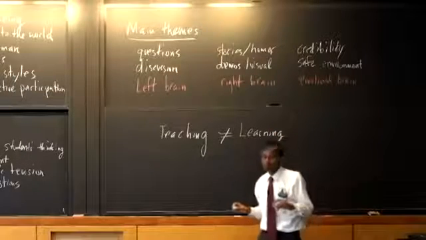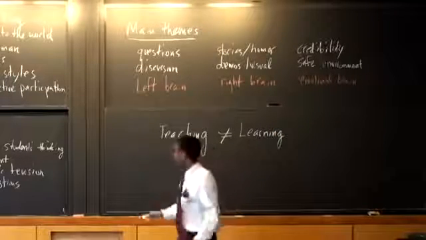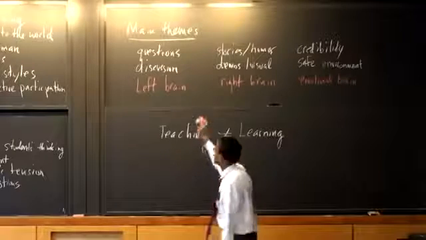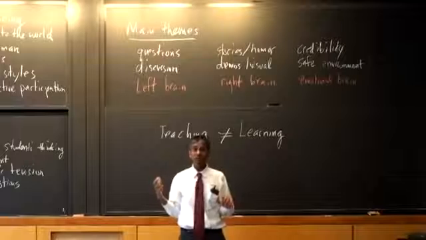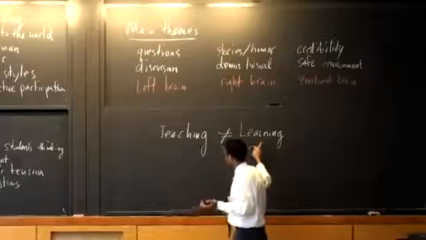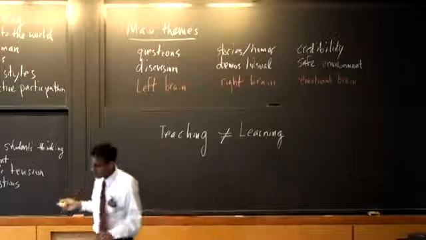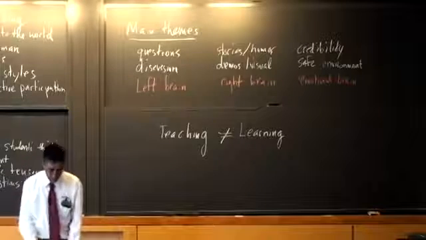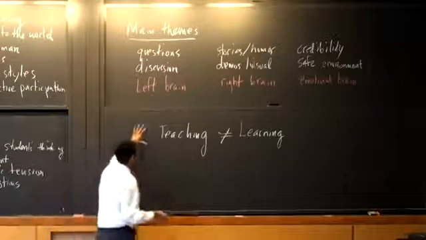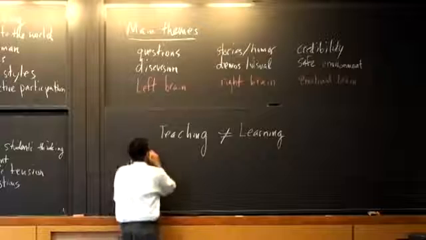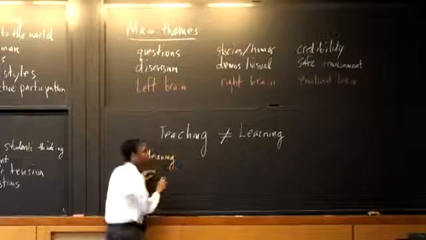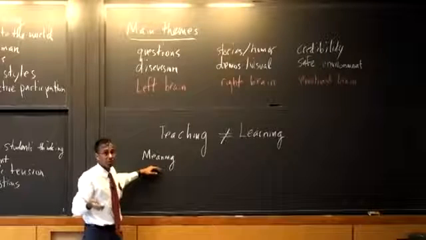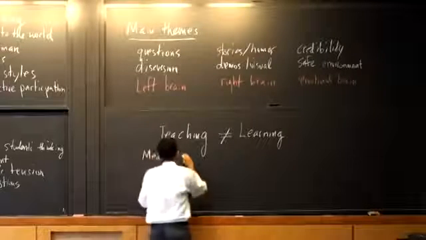Just standing up there and teaching stuff is no guarantee that students will learn it. You need to pay attention to all these features of the human interaction to make sure that learning actually happens. So that's, if anything, the main theme: meaning and knowledge must be constructed by the learner.